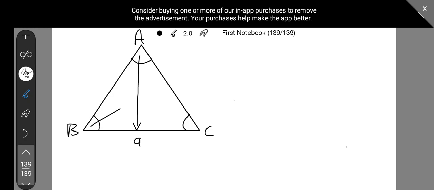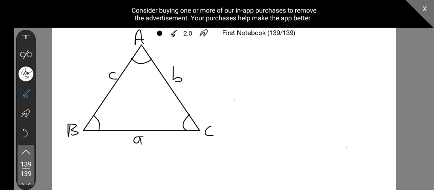And the one which is opposite to the capital letter B, or the angle B, I'm going to denote it by the small letter b. And similarly, this one I'm going to show by small letter c. Okay, so let's do that. So here we're going to have a, and here we're going to have b and c.